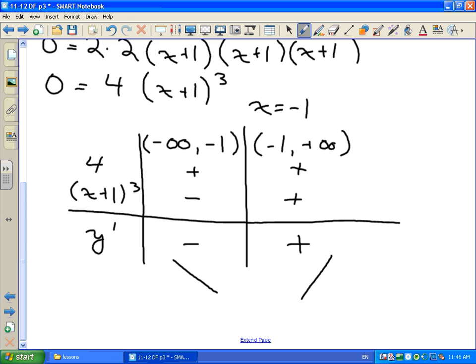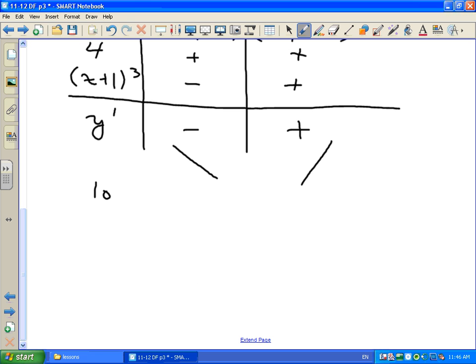If things are changing from negative slope to positive slope, we must have a local minimum, yeah. So we have a local minimum at x equals -1. Okay?